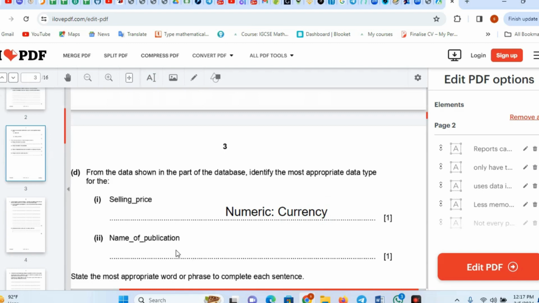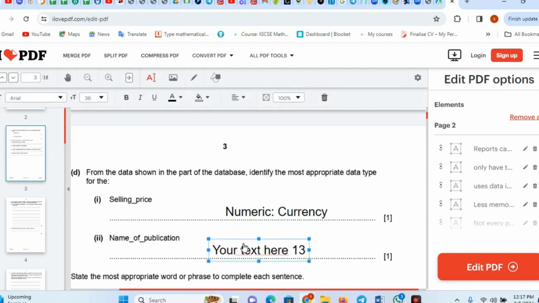Then the name of publication. The name of publication is text, string, or alphanumeric. Everything represents the same thing. You can use them interchangeably, or you say they are synonymous.